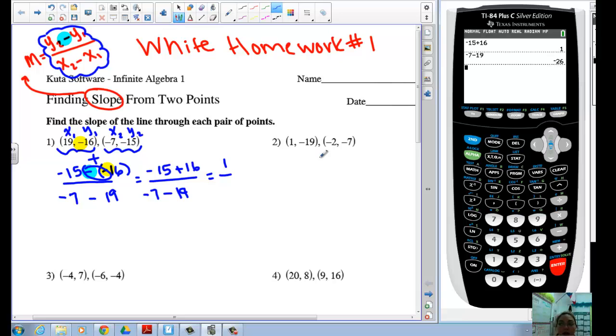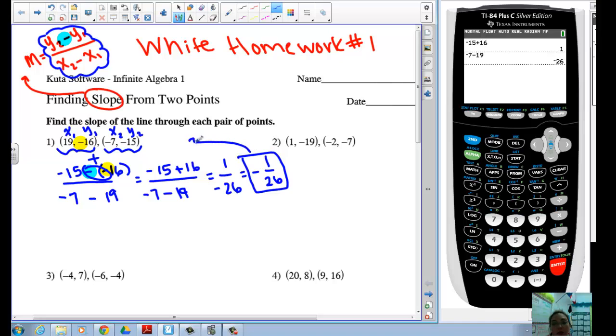And then you know that the bottom number is going to be negative 26. Therefore, your slope is negative 1 over 26. This negative can go to the denominator, or the negative can go to the numerator. Or you can simply just write it off to the side. And then we will box this in because that's my answer for number 1.